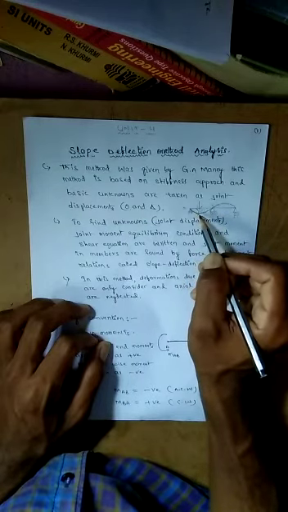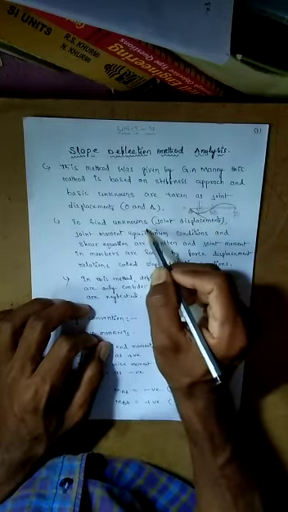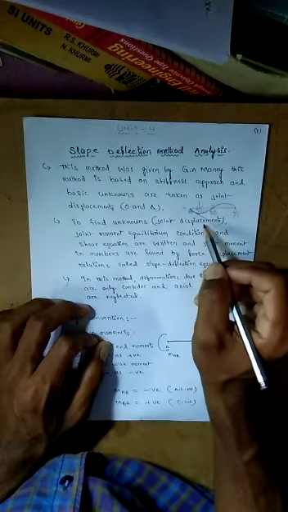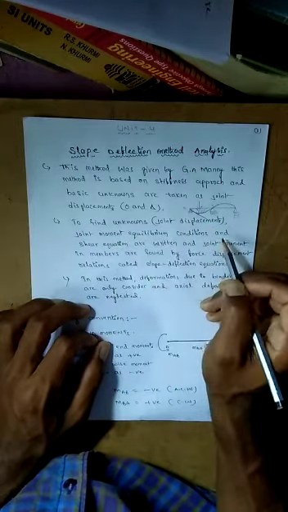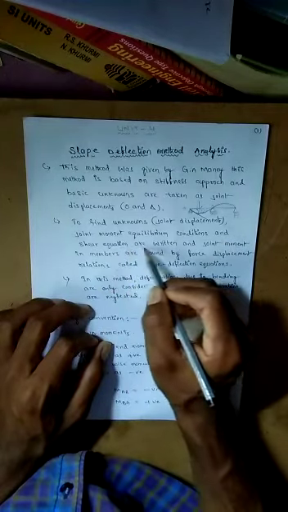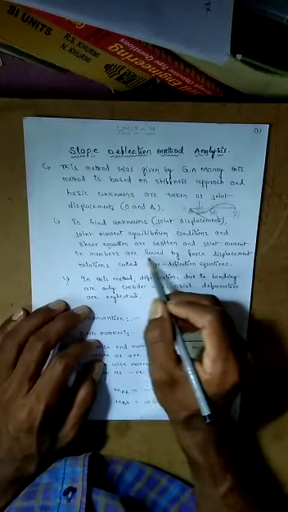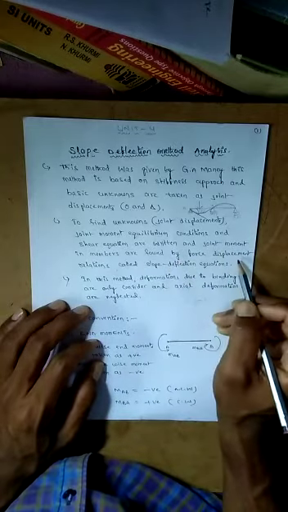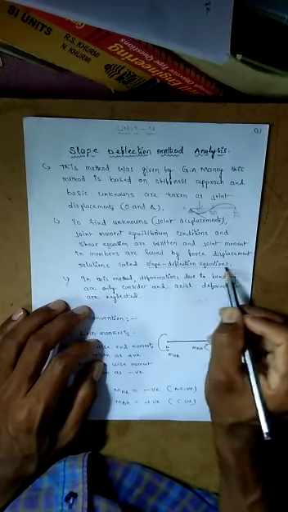To find the unknown joint displacements, joint moment equilibrium conditions and shear equations are written, and the joint moments in the members are found by a force displacement relation called the slope deflection equation.